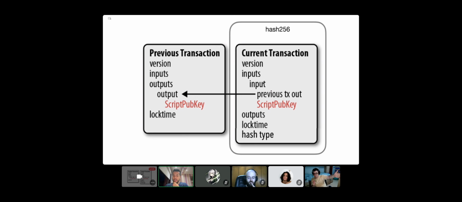Remember, when I'm producing a signature, it means I'm trying to spend something, right? To spend something is to provide an unlocking script, and this information is part of the input of a transaction.